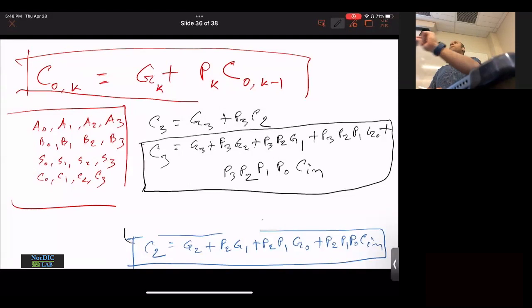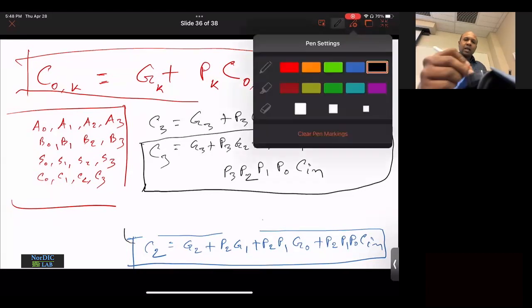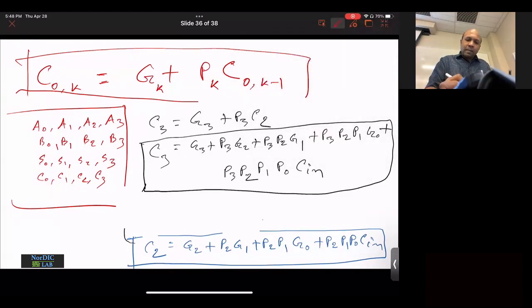Now, here is what computer engineers do to implement that. Ready for it? Last 30 seconds. Can you help me identify this P3, P2, P1, P0, C in? If I try to implement that in a CMOS circuit, how many NMOSes will you have in series? 5. Do you guys agree with it? Remember the names: P3, P2, P1, P0, and what?